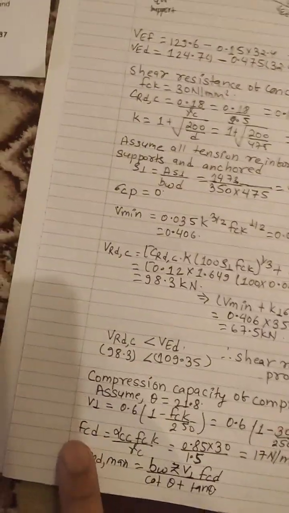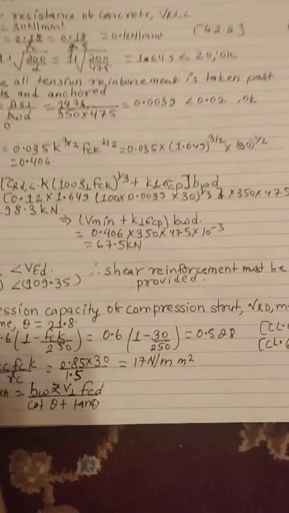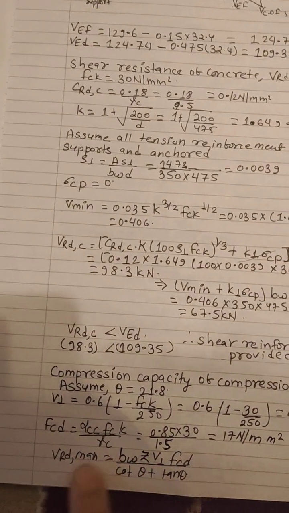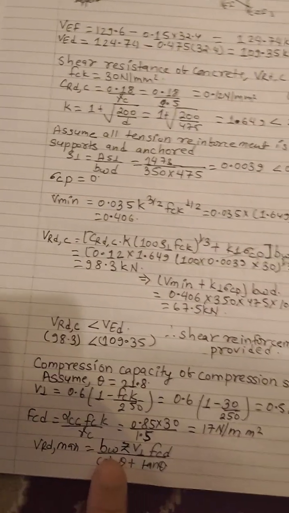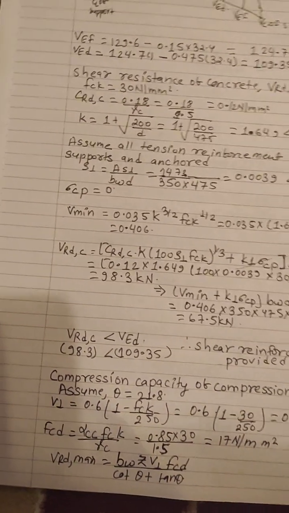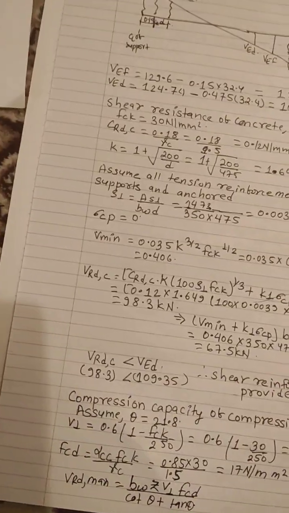FCD is the design strength of concrete. FCD we get it, and BRDMX is equal to BWZ B1 FCD cot theta and tan theta. The maximum value as in X start value will be 21.8 degrees.